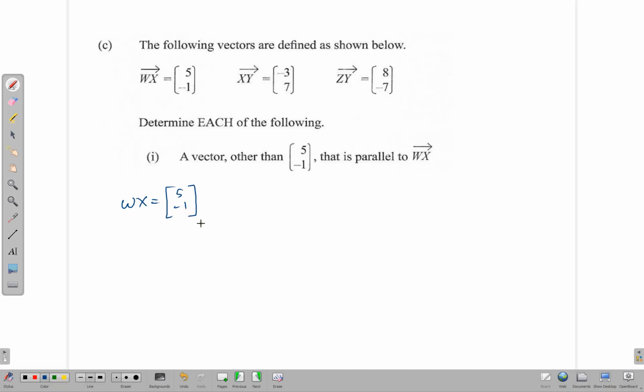Which other vector would be parallel to (5, -1)? We can take this vector and multiply it by 2, or by any number. So for example, any vector k times (5, -1) is parallel to the vector wx. Any vector at all.